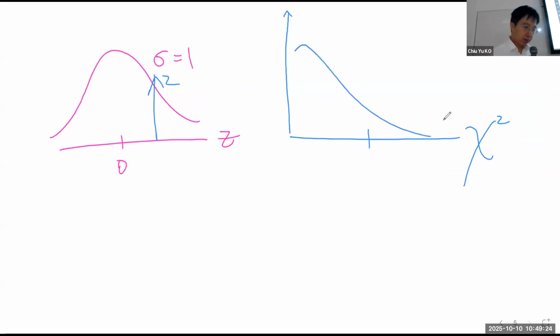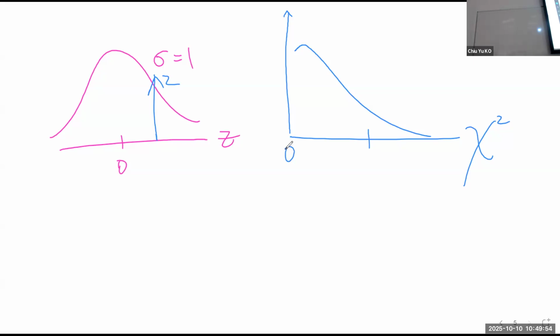okay? Why? Because you square, right? The minimum is 0, right? Actually, in your slide as well. So this chi-square is just normal square. And you ask why you have chi? In the old days, printing was not done by a printer; someone had to pick up the stamp for each letter.